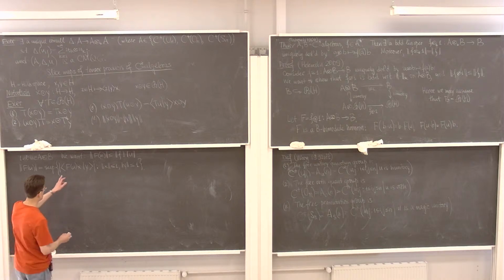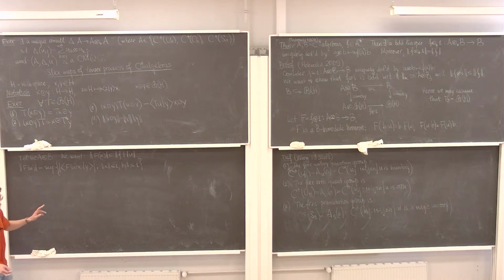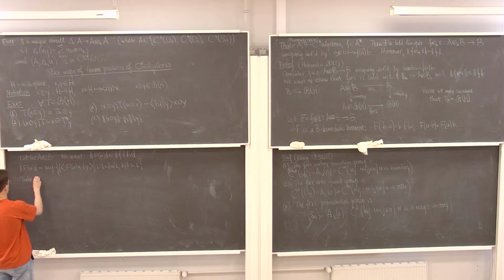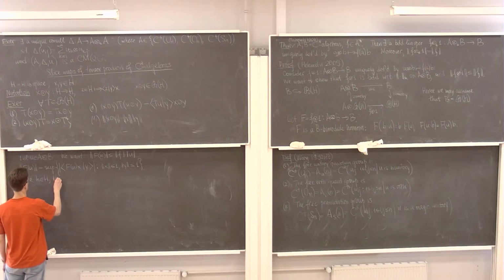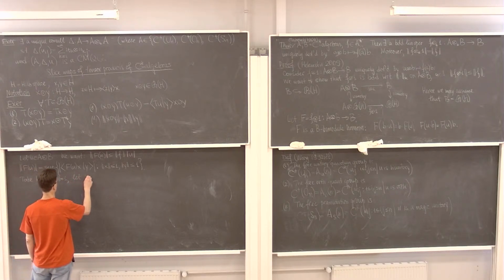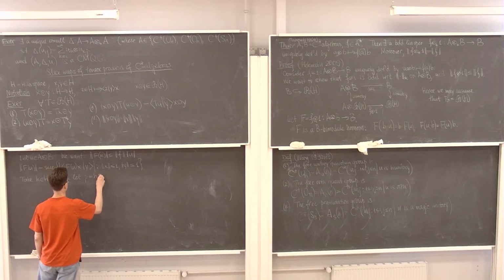And to estimate this norm, we apply the following trick. We take any vector h on the unit sphere, and let P denote the following rank 1 projection, h circle h.